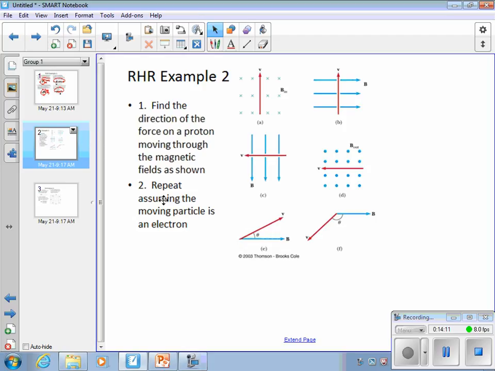Open palm. So I point my fingers into the page, and then what is this V referring to? Velocity of the positive charged particle. So that's my thumb, pointing upwards, up the page.